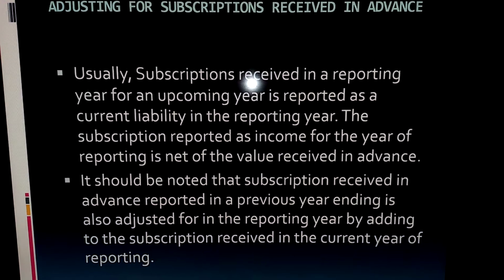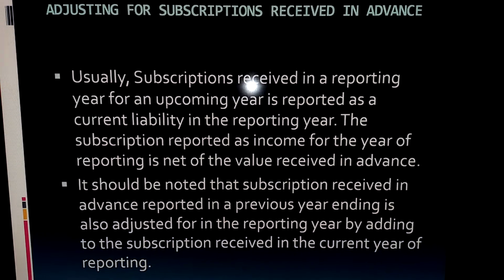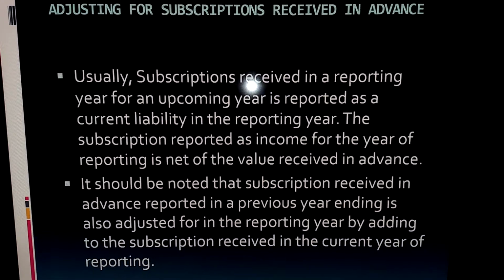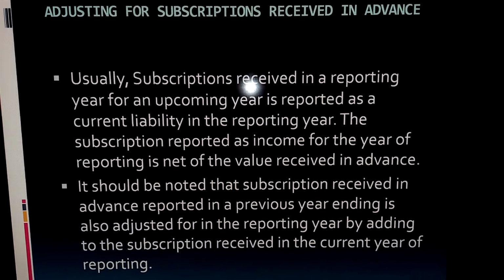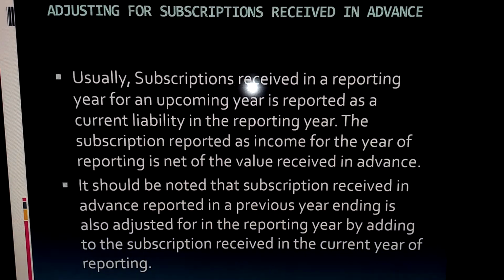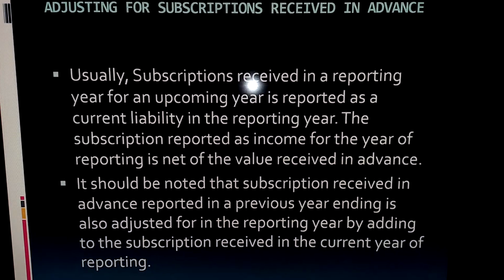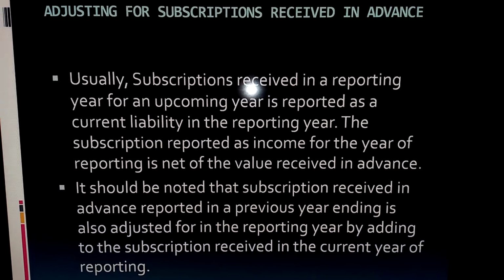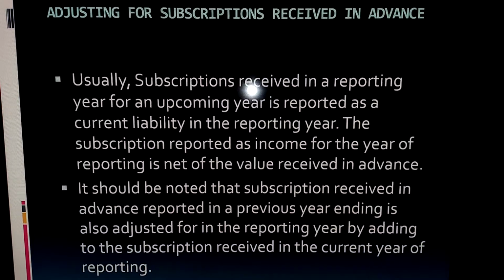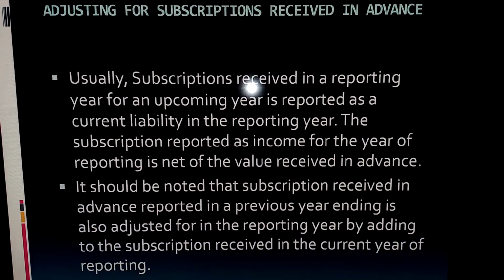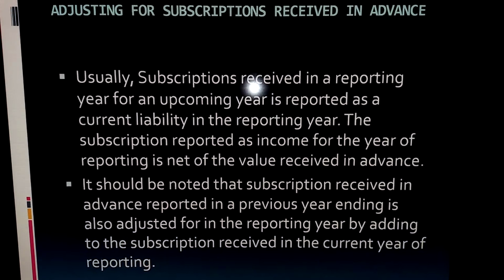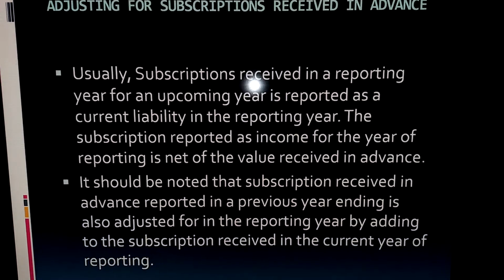So if, for instance, in a particular year, the total subscription received is 1 million, and out of that 1 million, 200,000 is for the following year, that means the 200,000 is not due for the year you have received it. So what you'll be taking to your income and expenditure is 800,000. Then the 200,000 will be a current liability.